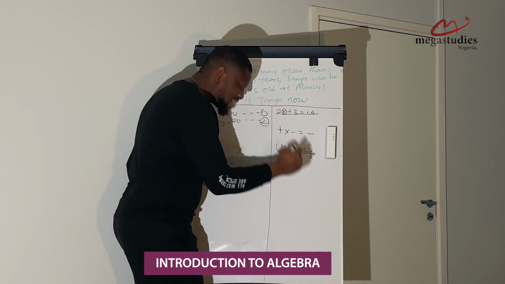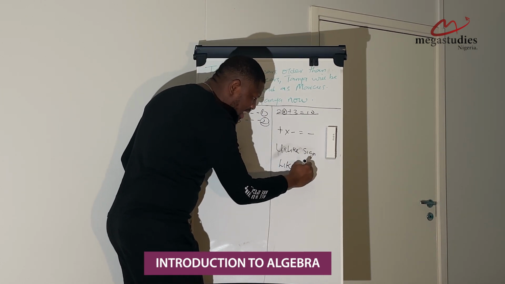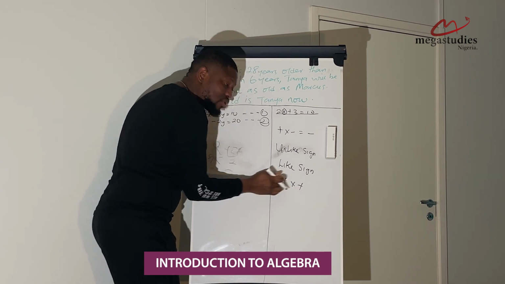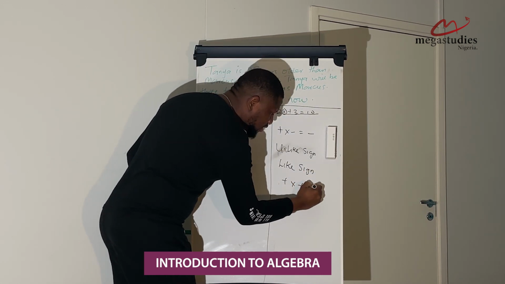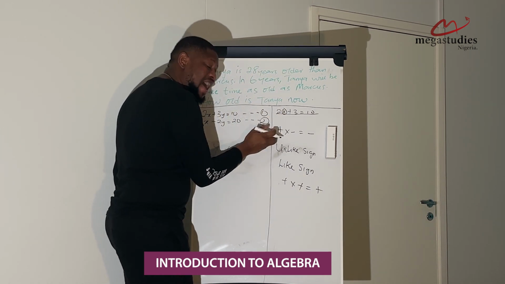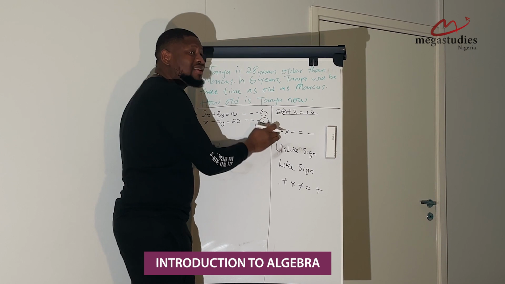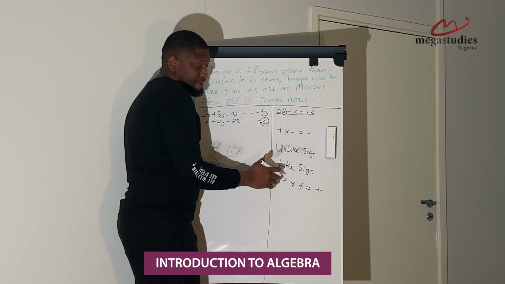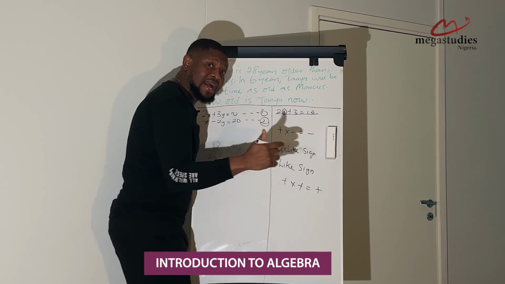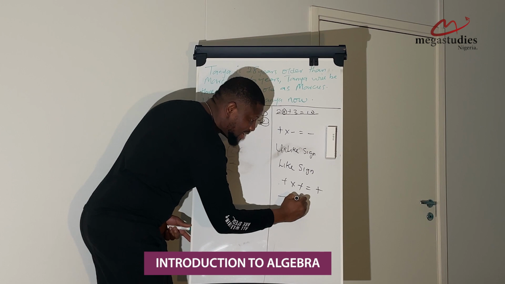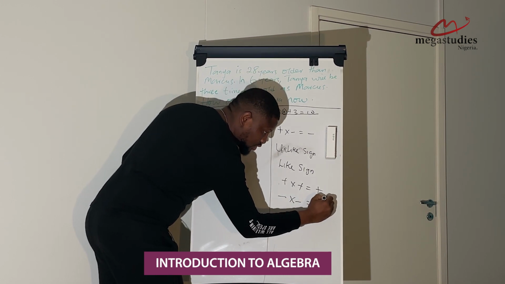Then like signs are plus times plus. The resultant effect is usually plus. You get it? So when it's unlike, the resultant effect is always negative. When it's like, the resultant effect is plus. Like can also be negative multiplied by negative. Negative multiplied by negative is equal to positive.